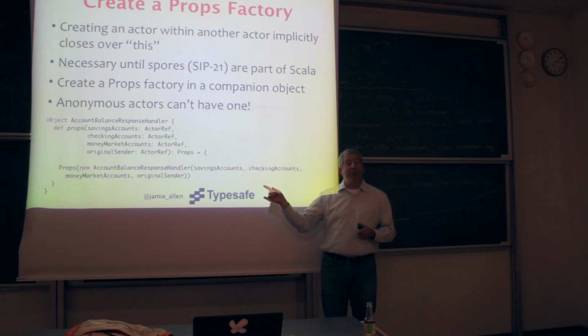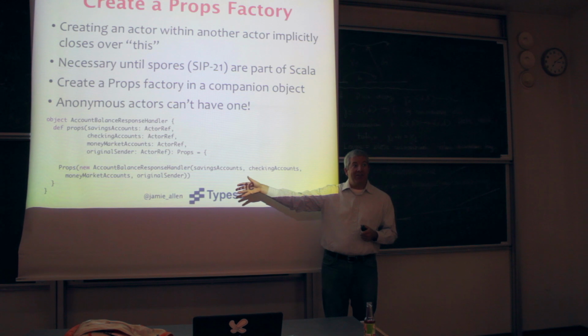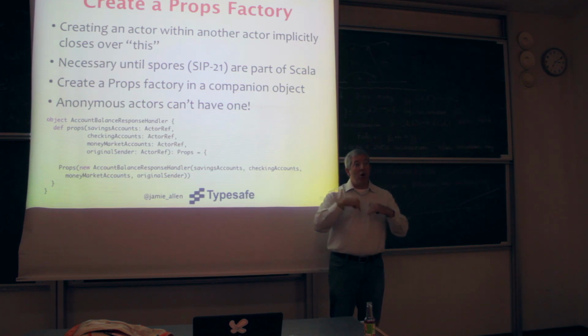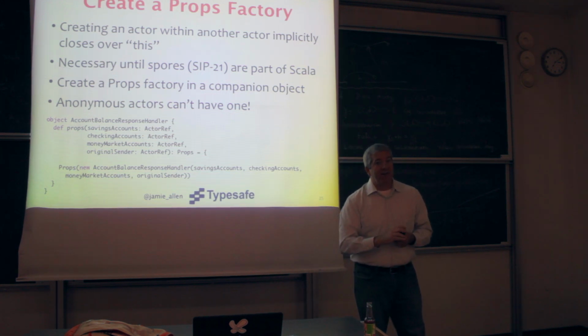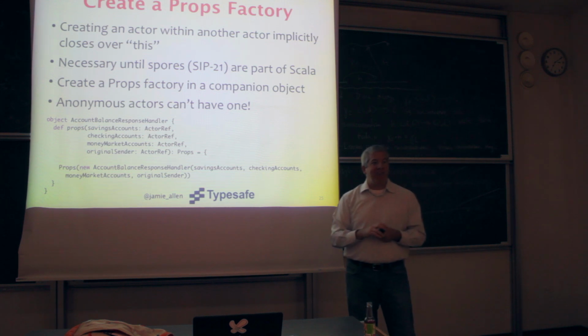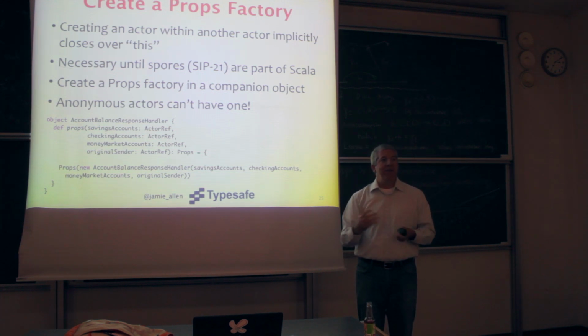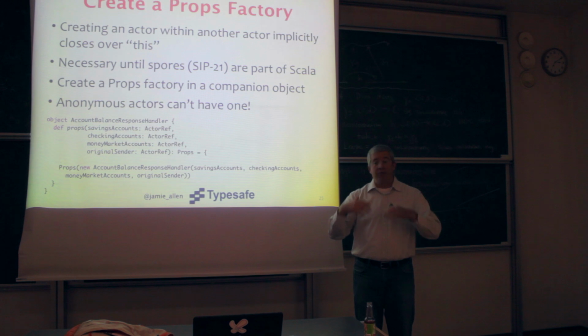Because if we used the sender inside of the anonymous actor's context, it would be the sender of the anonymous actor, who doesn't have one. Nobody sent it the first message. The senders it has would be who sent it the responses of account information. So we're closing over sender and using sender inside of there. That's all nasty stuff having to do with lambdas and closures, right?